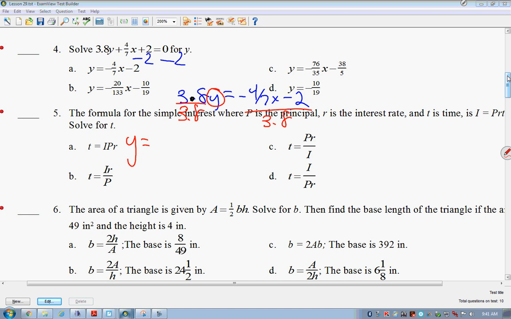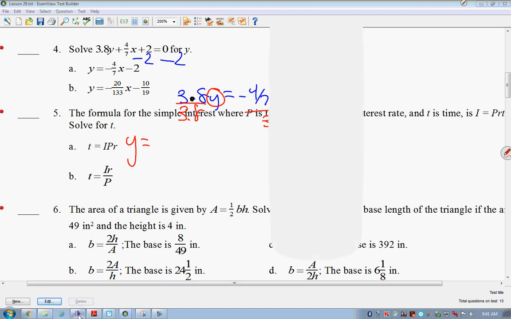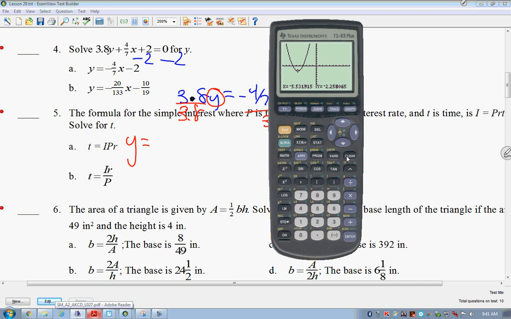All right, I'm going to go ahead and pull up the calculator just so you can see this being done. Okay, we've got -4 divided by 7. I keep that in parentheses because I want this to be done specifically. Divided by 3.8. And I'm going to hit math fraction.